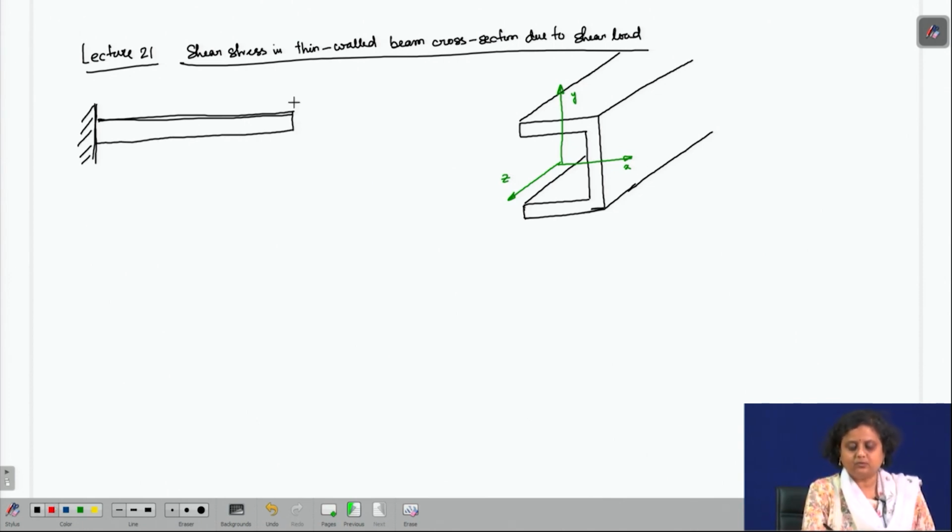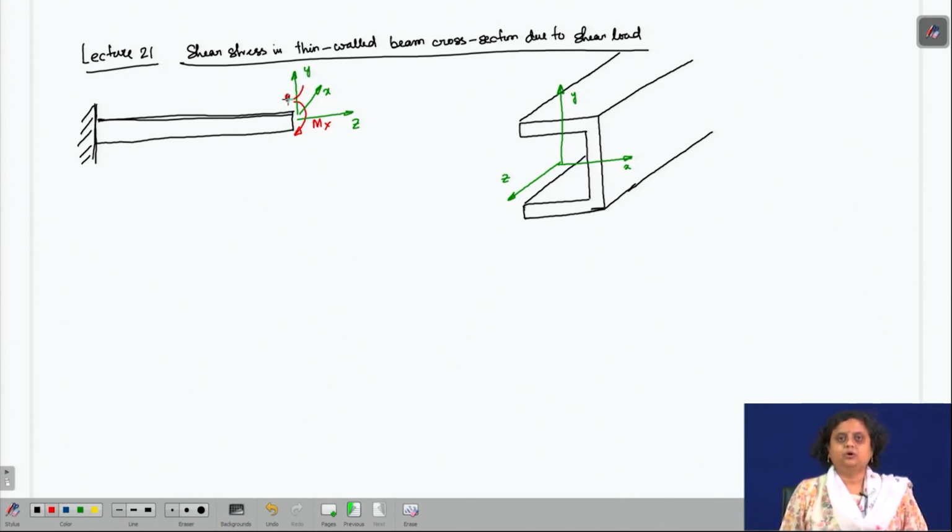The problem that we were discussing was a pure bending problem, that is, it was either only Mx or My or both of them. So, the only load that acted on the beam was pure bending moment. The bending moment was due to pure moments applied on the beam.